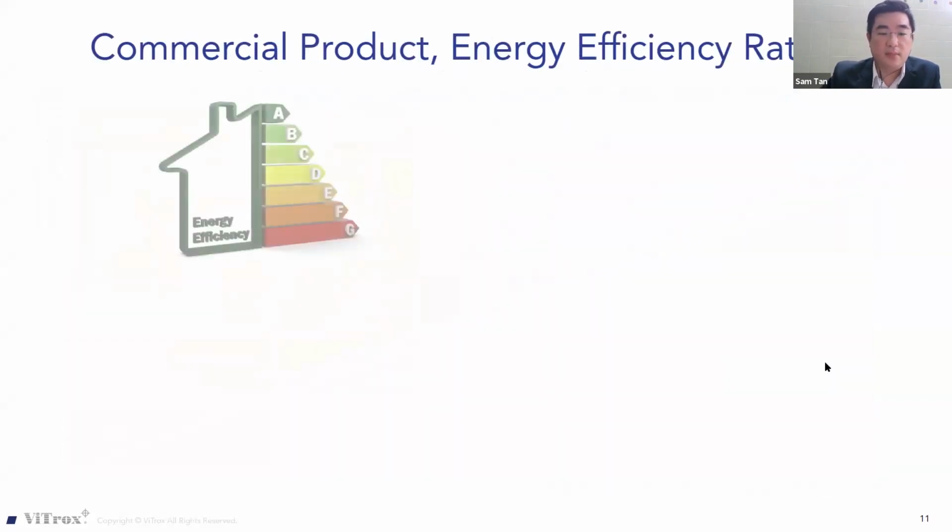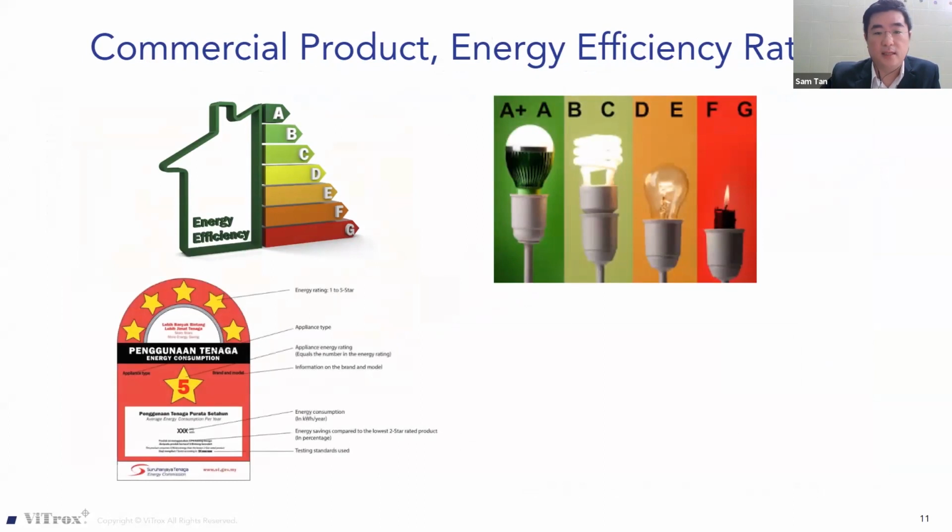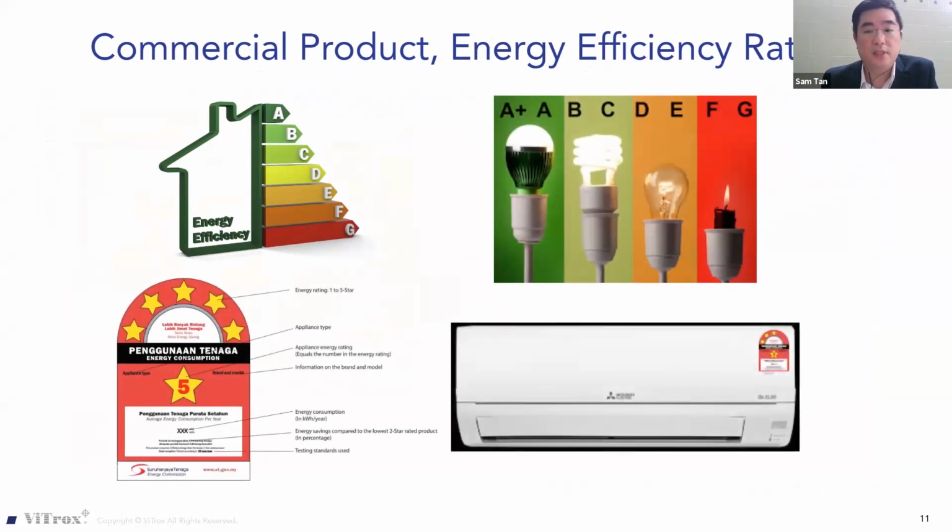So let me share some information on the energy efficiency rating as well. Today, as you can see, for consumer electrical products, normally you can find this energy efficiency rating. One good example is the light bulb that you can find in the market. On the box, you can see the label rating, which is the guideline of the energy efficiency.